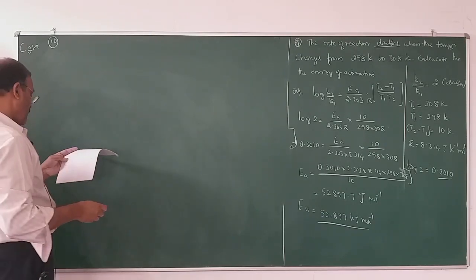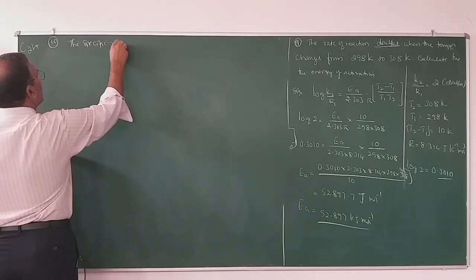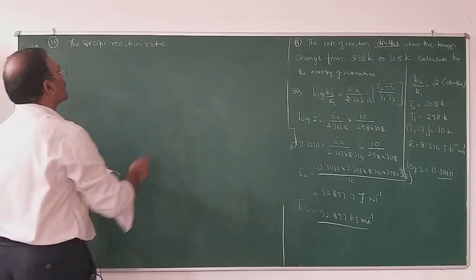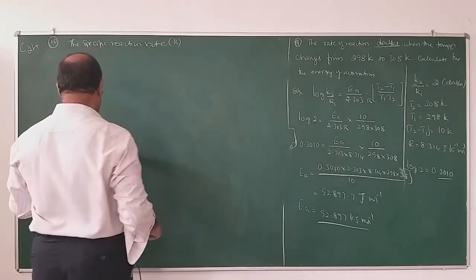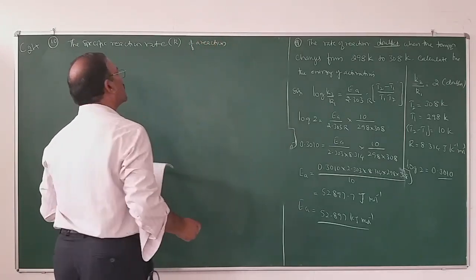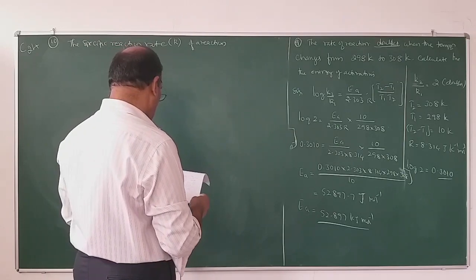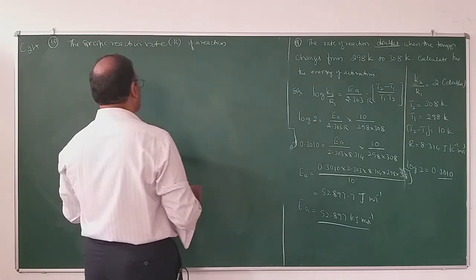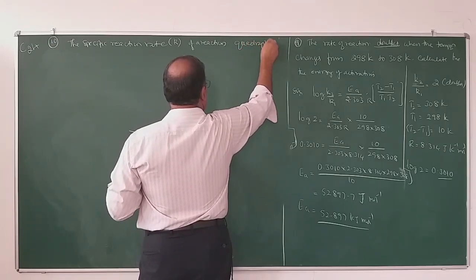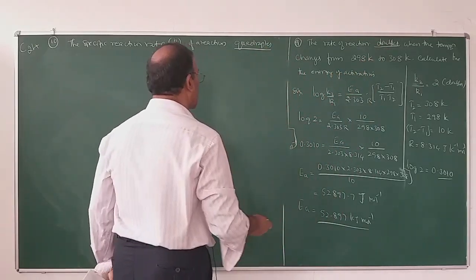So a similar problem is there. The specific reaction rate means it is nothing but the rate constant of a reaction. Specific reaction rate and rate of reaction are one and the same for problems. The specific reaction rate of a reaction quadruples. In the last problem it was doubles, meaning increases by 2 times.